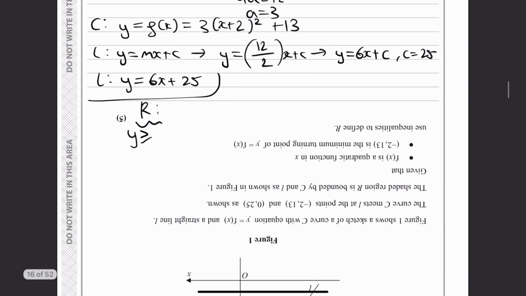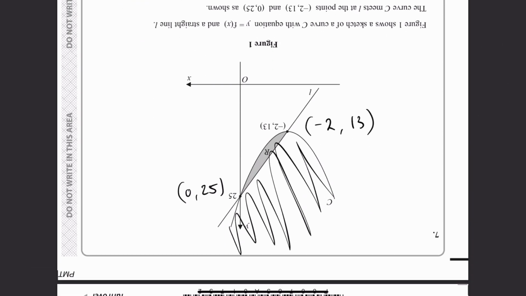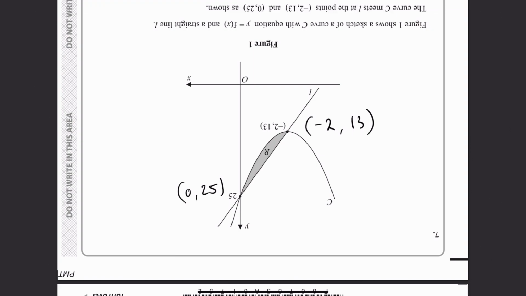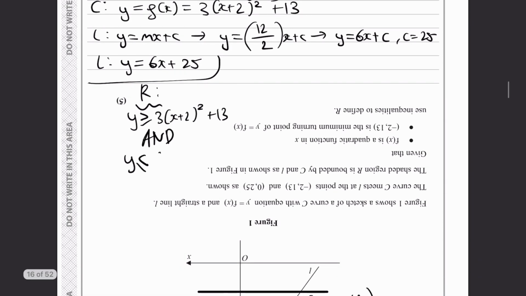So y is greater than or equal to 3 times (x plus 2) squared plus 13. And that's just going to give us this entire thing. So we also need to show when it's less than L. So y is less than or equal to 6x plus 25.